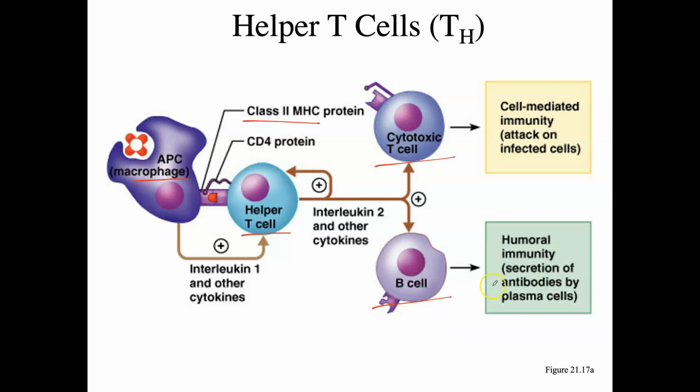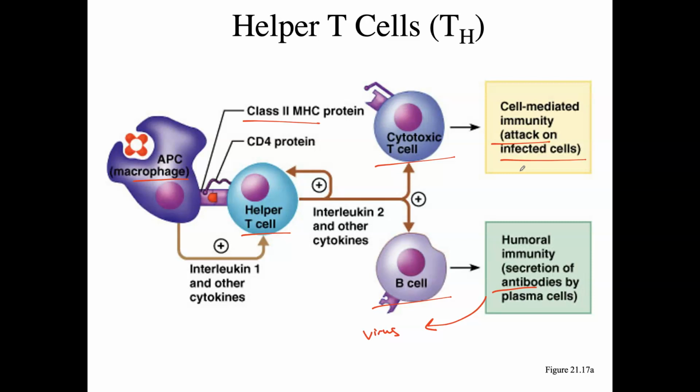B cells are going to lead to the production of antibodies, and those antibodies can be used to neutralize the virus. Or the helper T cells can activate the cell-mediated pathway, where cytotoxic T cells can use their perforins and their granzymes and their apoptosis capabilities to attack the infected body cells and thus destroy the body cell, and that leads to the destruction of the virus as well.